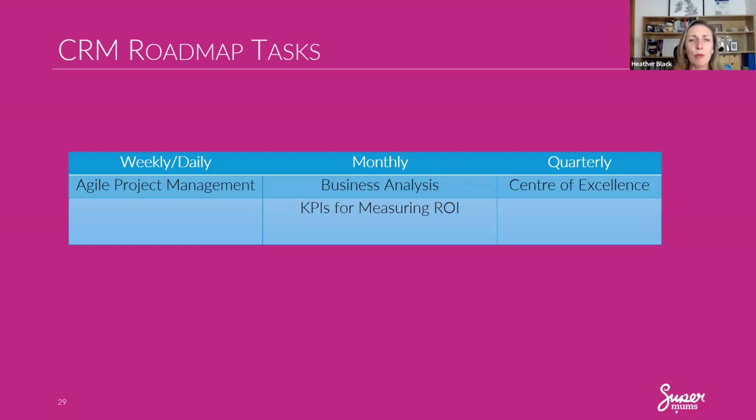You'll be doing the KPIs, reporting back on the KPIs and looking at the return on investment from the system, because especially when you want a pay increase, or you're going into that meeting to say, I want to advance my salary, you're going to have to demonstrate the ROI you've created for that organization.